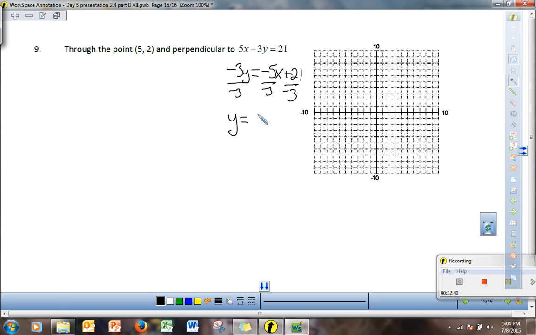So I got y equal, 2 negatives make a positive, so I got 5/3 x minus 7. So I'm going to start down here at negative 7. I'm going to go up 5 and over 3. And let's graph that.